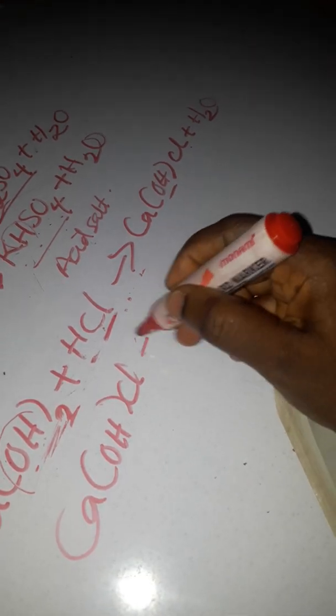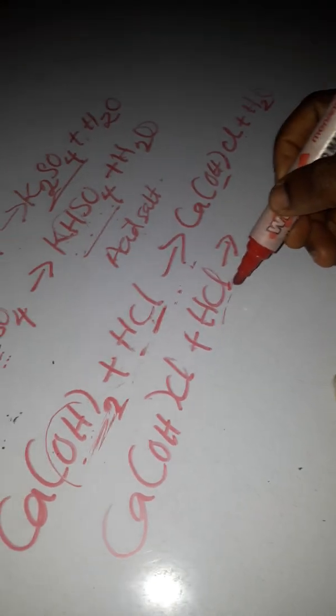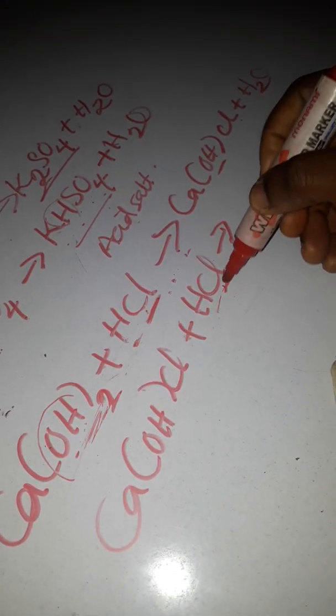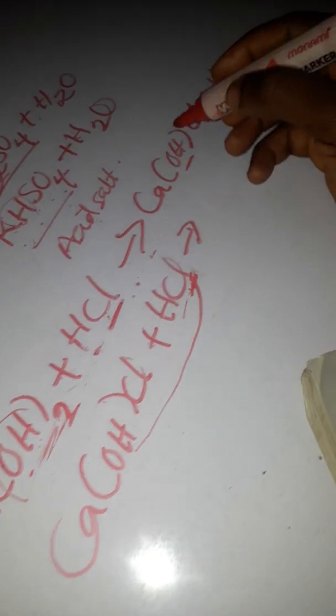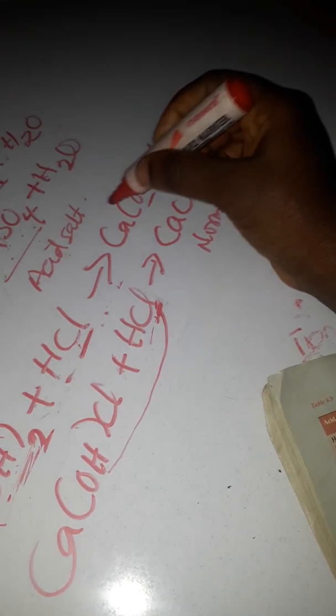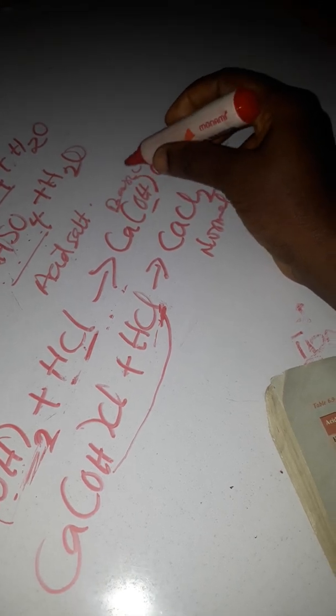By reacting with hydrochloric acid, it can form a normal salt. Take for instance, the last chlorine here still replaces the remaining hydroxyl. You have CaCl2 plus H2O. So this is a normal salt, while this is a basic salt because of the presence of the hydroxyl.